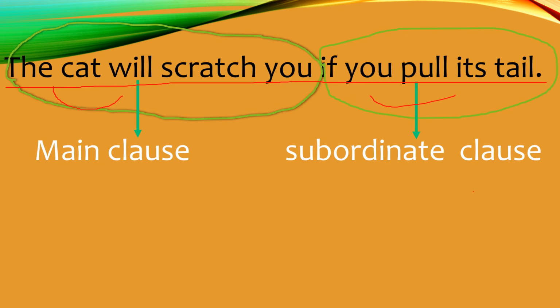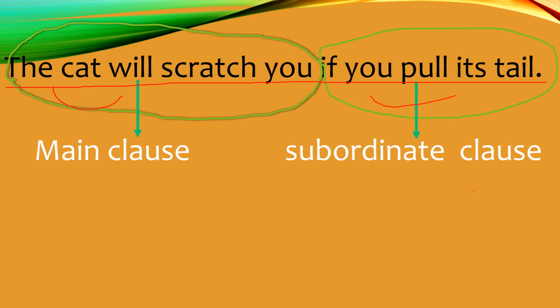You have to understand the difference between main clause and subordinate clause. You have to pay special interest on this topic, because if you understand this topic, you can easily understand the further topics: adverbial clause, noun clause, adjective clause. These are all the important topics. So pay special interest on this topic.